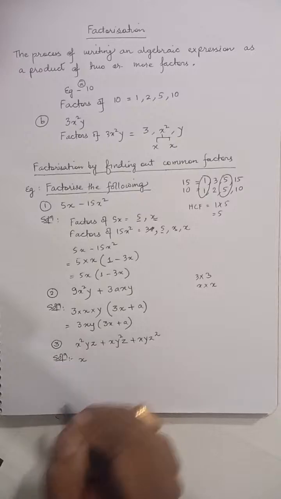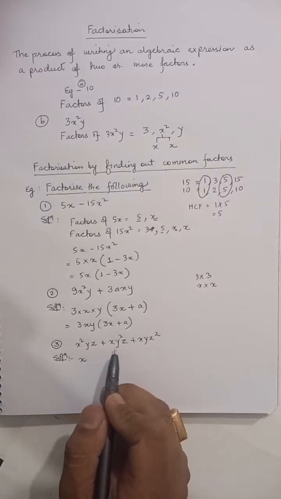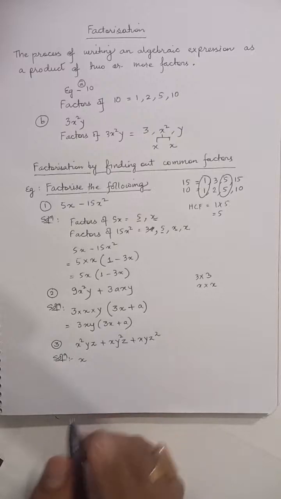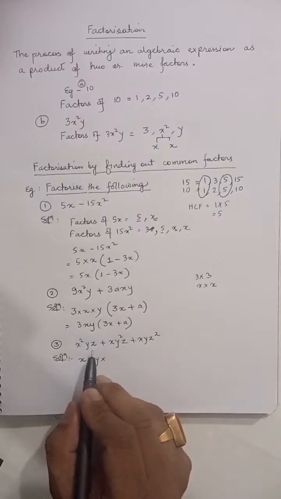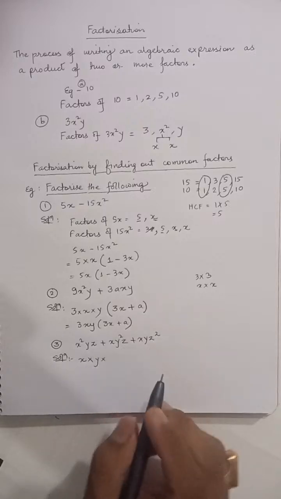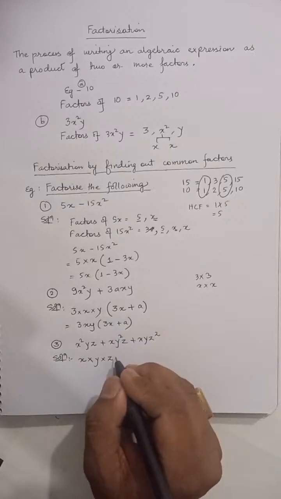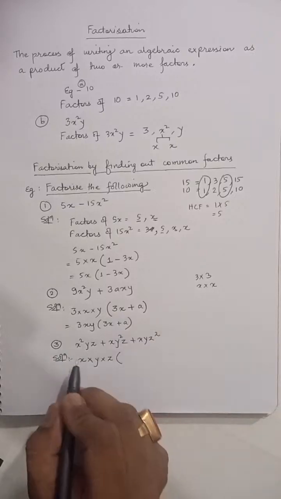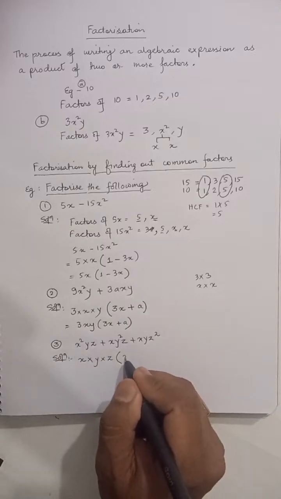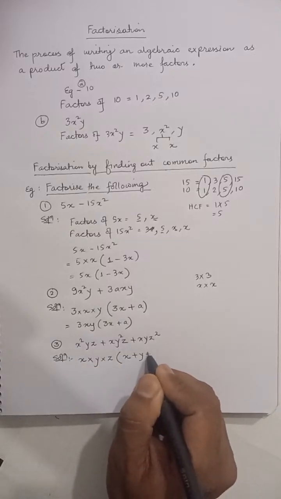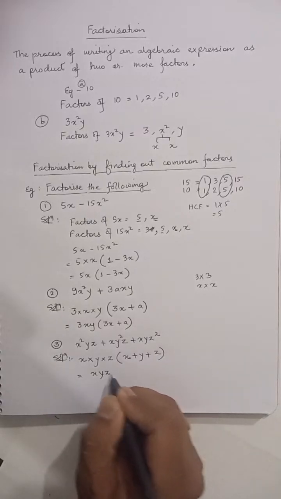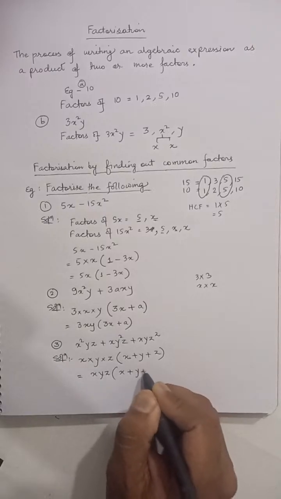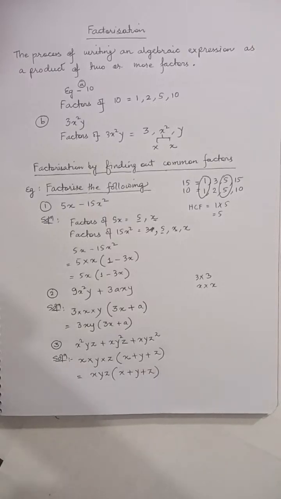Then we have y squared and again y, so we can take at least one y as common, and we can take one z as common, since we have z and z squared. The common factor is x into y into z. Whatever remains, we write inside. Our answer is xyz into (x plus y plus z). Okay, easy.